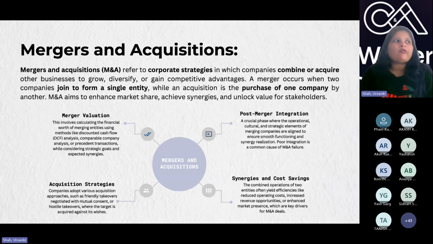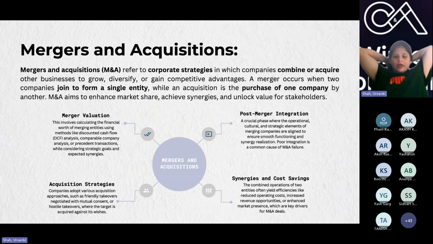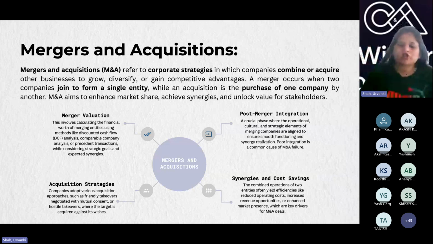There are cultural differences when your employees start working in a different entity. There's a lot of change management that has to be taken over, right? However, there are lots of synergies and cost savings.